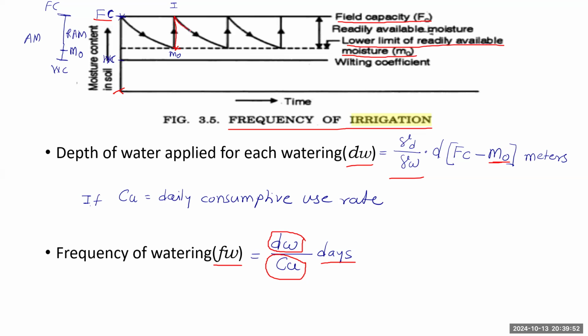Again, the consumptive use of crop takes place in due course of time and moisture content reaches M0. So again, watering is required to bring the moisture content up to field capacity. Again, consumptive use of water takes place, moisture content reaches M0, so again watering is required. So this is how the number of times watering is required for the crop.